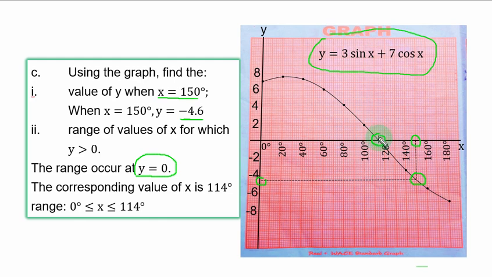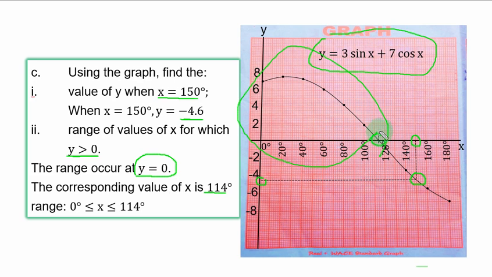Now look at it from that point. S is 114 degrees, but you have y is greater than 0. Now if you keep going forward, you have values of y less than 0, but from this point, if you move backward, you have values of y greater than 0 in this region.